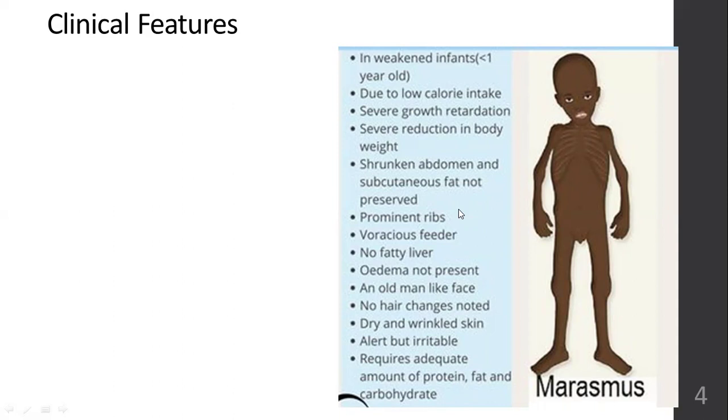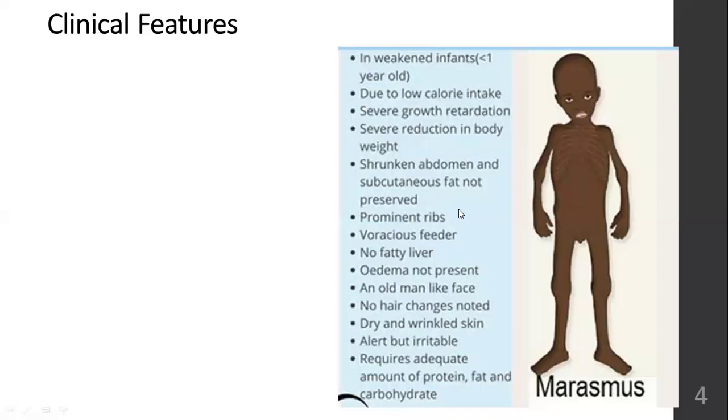And kwashiorkor, the name itself means elder child. So that takes place in kids who are in the age group of 3 to 6 years. But marasmus is very common in kids who are under the age of 1. Usually, but it can happen in other age groups as well. But usually we see it is under the age of 1. Those kids are affected by marasmus.